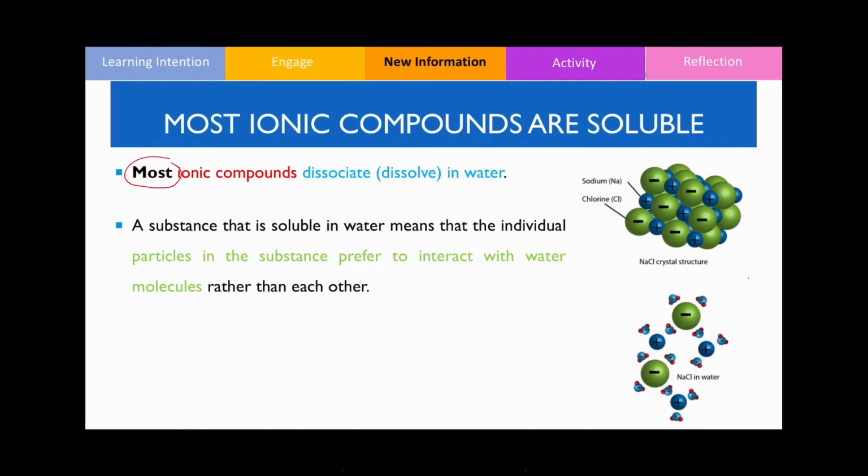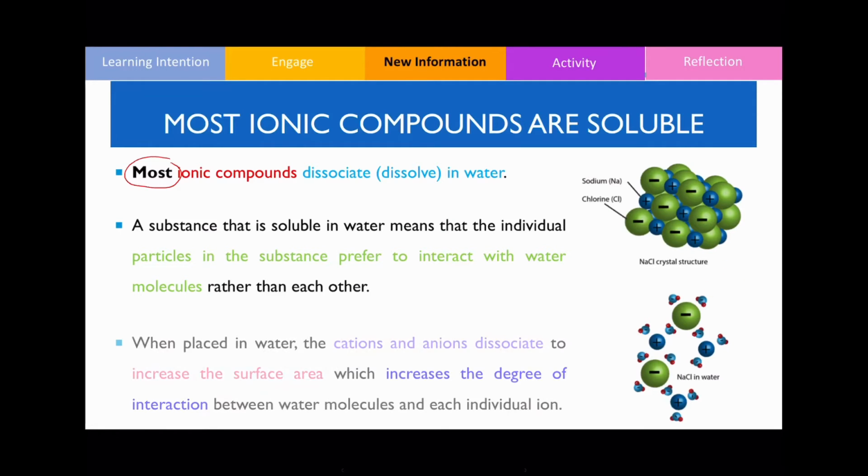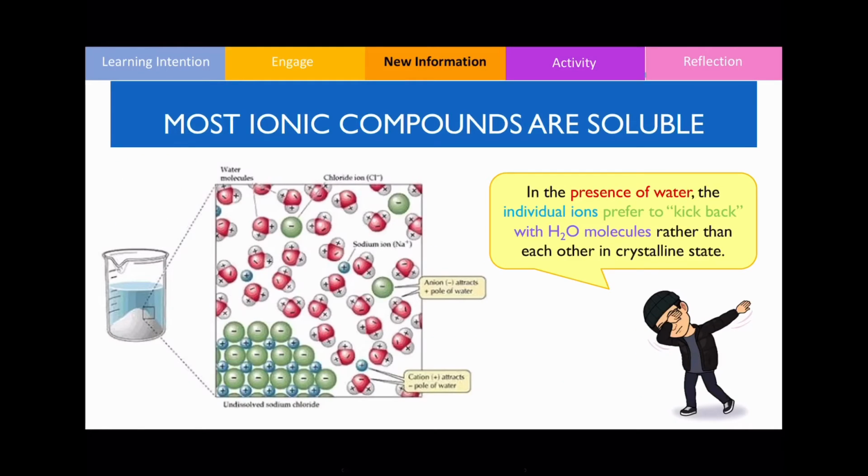If you look at this image down below, we can see that the individual ions in the compound dissociate, and the water molecules present in the solution surround each of these ions and therefore interact with them, okay? By dissociating, this also increases the surface area for them to interact as well. And this is also illustrated by this diagram over here.